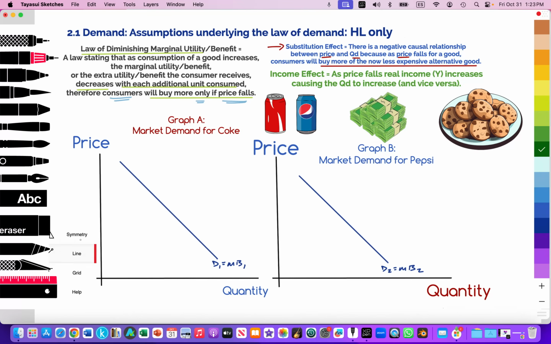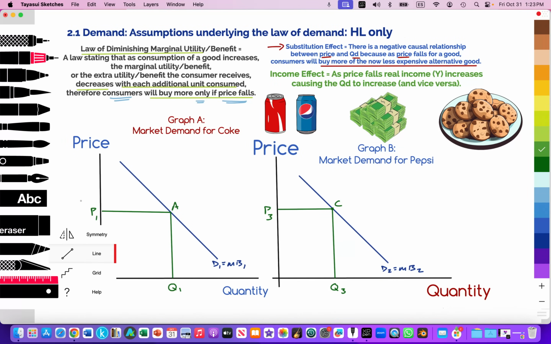And then we'll have a price set by Coke being the market leader at P1 with a quantity of demand at Q1, point A. And Pepsi will follow Coke with a similar price, providing a quantity of demand as well. So they're going to price at, let's say, P3 with a quantity of demand at Q3. Here is point C.